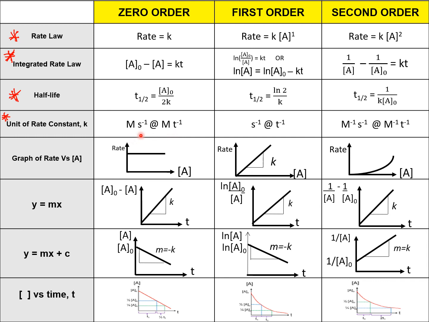Okay, so tak specific unit time tu in second. So that's why Miss buat sama ada molar per second atau molar per time. Ni bukan meter tau, ni molar. Okay, macam ni pula first order reaction sama ada per second atau per time. This is a second order reaction di mana it can be either per molar per second ataupun per molar per time, per unit time. Okay, tak kisahlah unit time kamu apa.